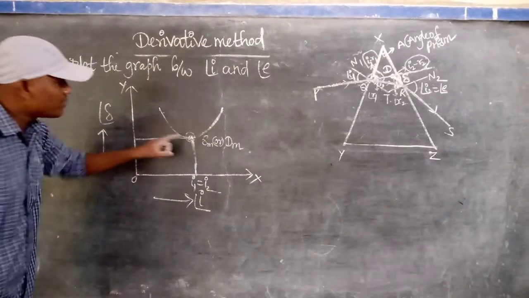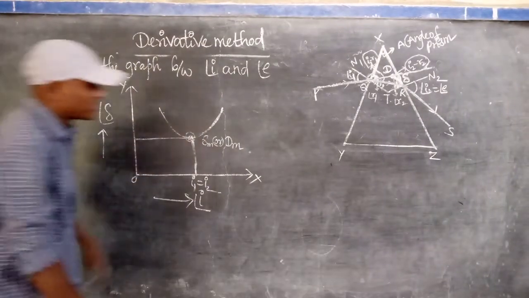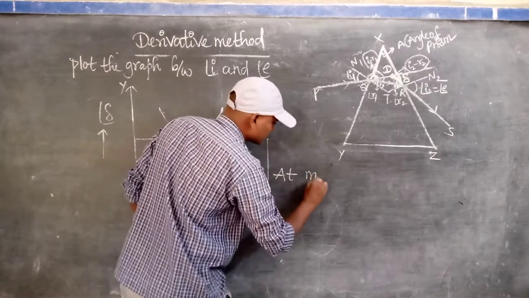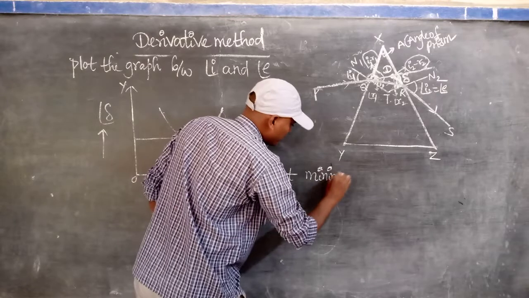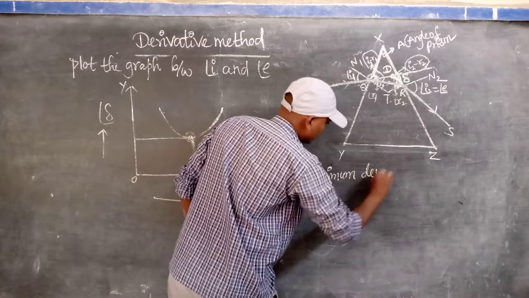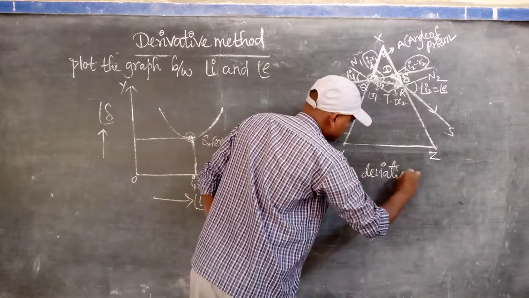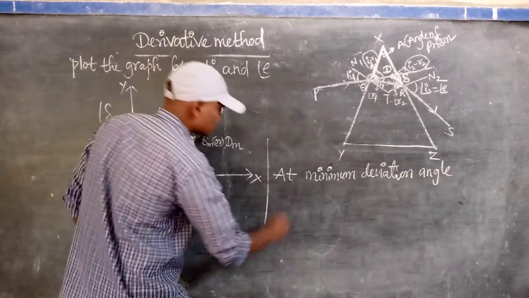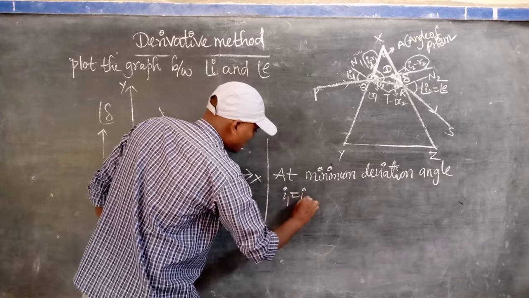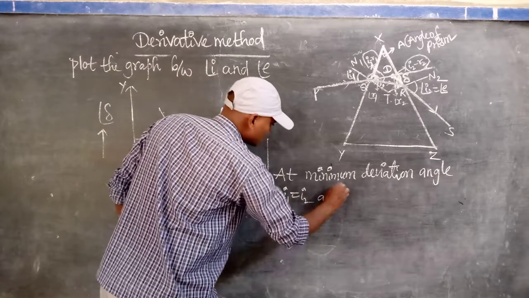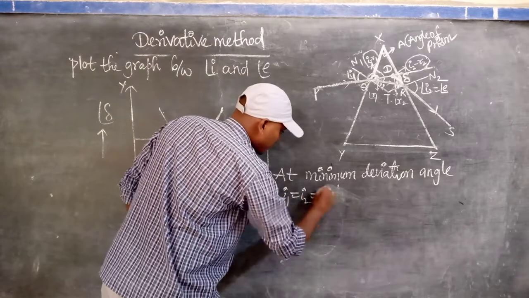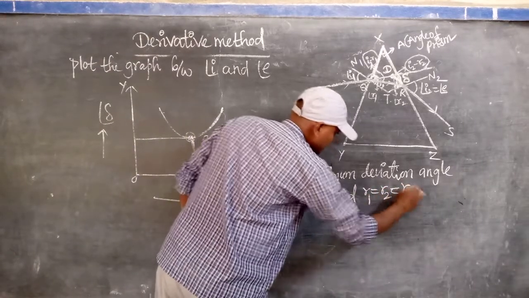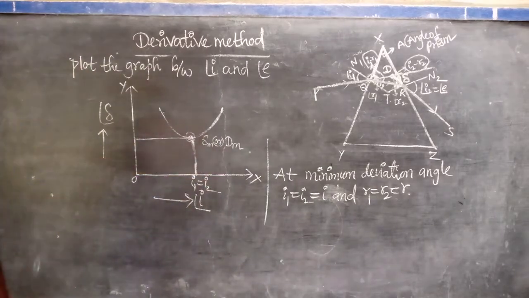That's why at the minimum deviation angle, which is very important here, I1 is equal to I2, that is equal to I, and R1 is equal to R2, that is equal to R. That is a very, very important condition.